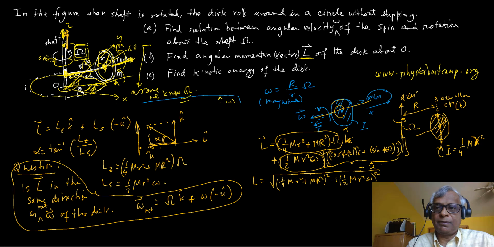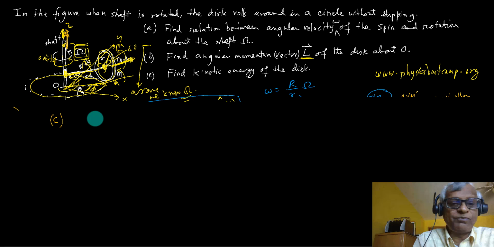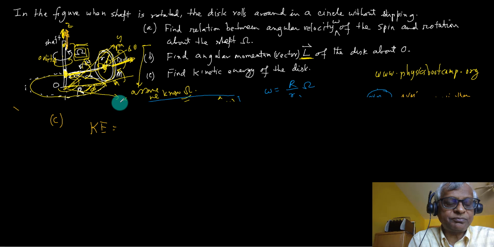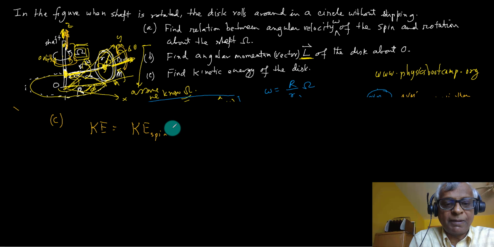All right. To do C, we have to have the same kind of decomposition. So kinetic energy will be the kinetic energy of the spin part plus the kinetic energy of the orbital motion.